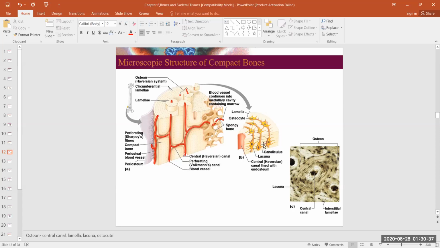When it connects from one lacuna to another lacuna, that is called canaliculus. Sorry, osteocyte. Why am I writing the wrong spelling? Osteocyte.